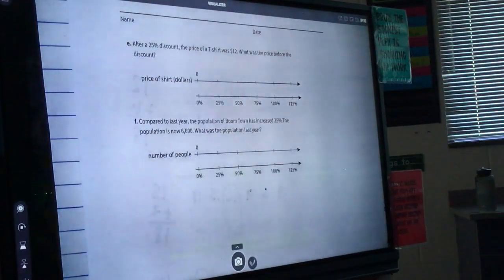You're basically adding 25% to 100% to get.